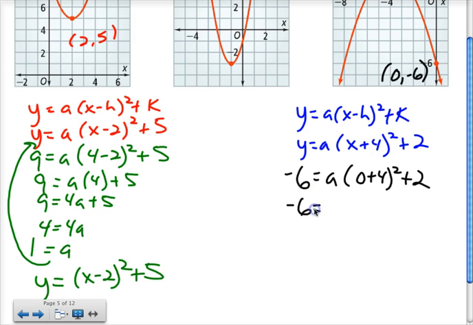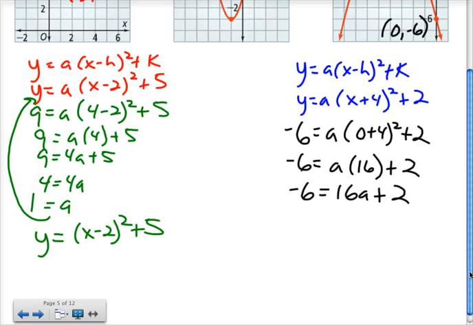So negative 6 equals a, and in parentheses here, 0 plus 4 is 4, and 4 squared is 16, plus 2. So negative 6 really equals 16a plus 2, just putting that coefficient in front instead of behind, so that things are more comfortable there. Then I would subtract 2 from both sides and divide by 16, and I would get an a value of negative 1/2.